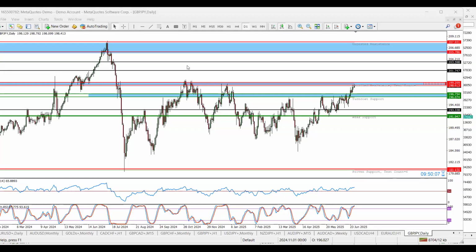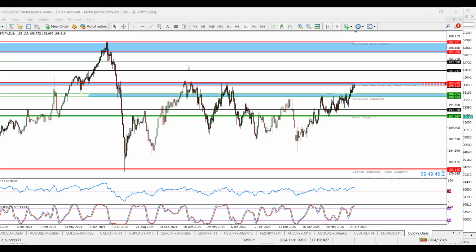So there are different areas in the chart where people have placed orders, right? Where do you think people have placed multiple buy orders? Millions of orders, even billions of buy orders. They're just waiting for the price to get there.